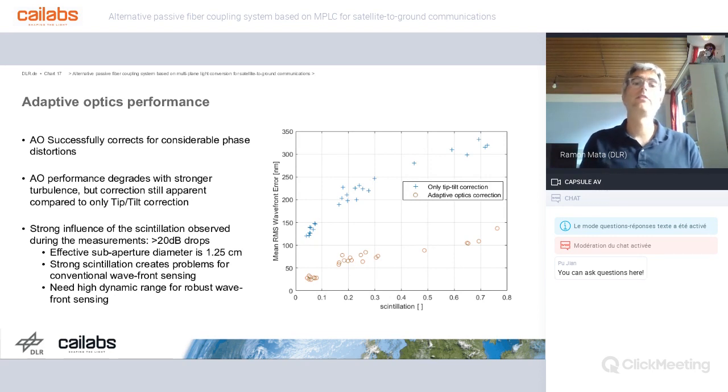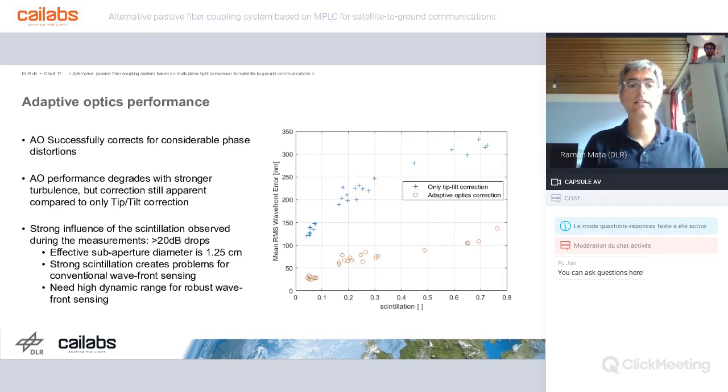So you see the adaptive optics corrects for the phase distortions, but you also see that this correction becomes worse with increasing scintillation. Of course, the wavefront error also increases with the scintillation, with the strong turbulence, I would say. You see it with the blue crosses, but the residual is also increasing.